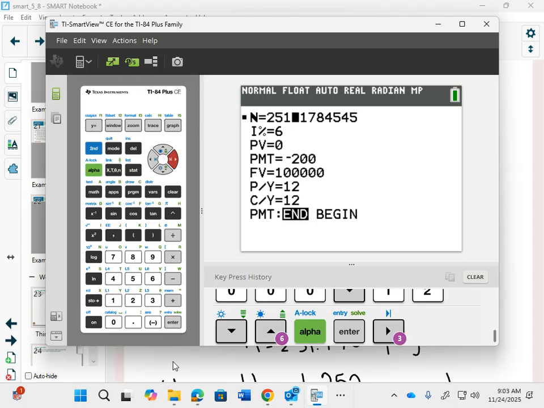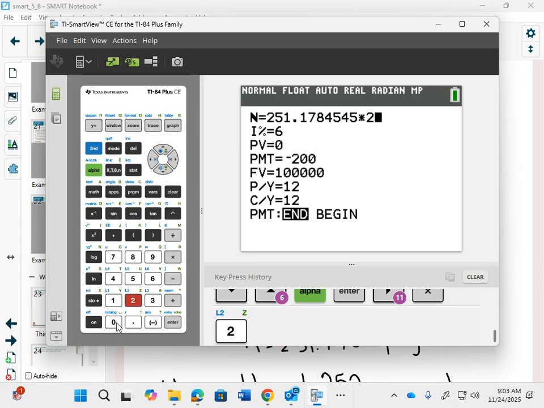Well, if I take this 251 and I can actually do math in here and say times by $200, this is how interest works. This is pretty cool. It only cost them $50,000 to give you a $100,000 present.